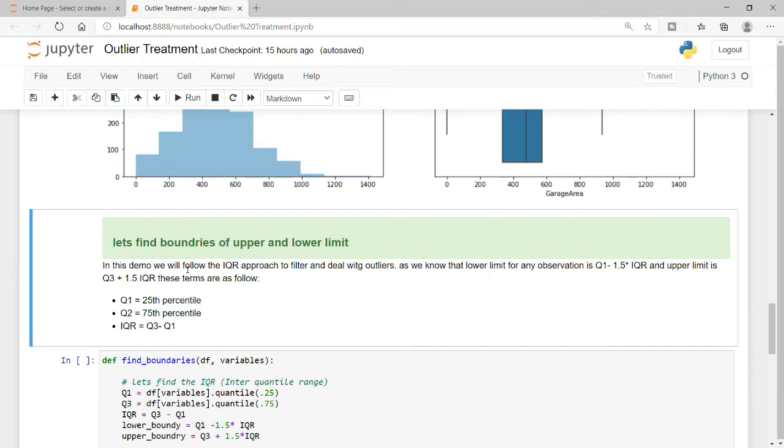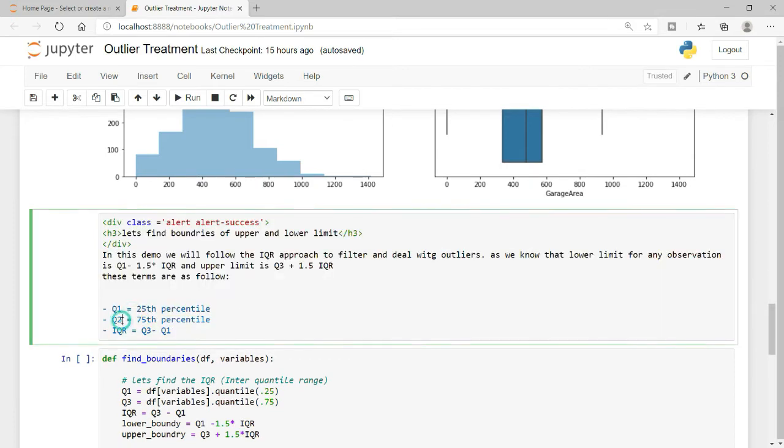Q1 is basically your 25th percentile. I have given it the name Q1, which is the 25th percentile, and Q3, let me correct this, is the quantile number 3, which is my 75th percentile. IQR is termed the interquartile range, and it is Q3 minus Q1.